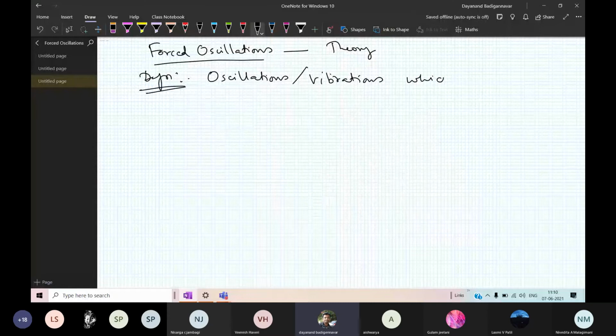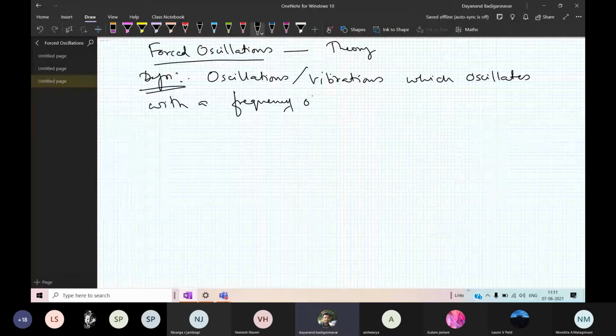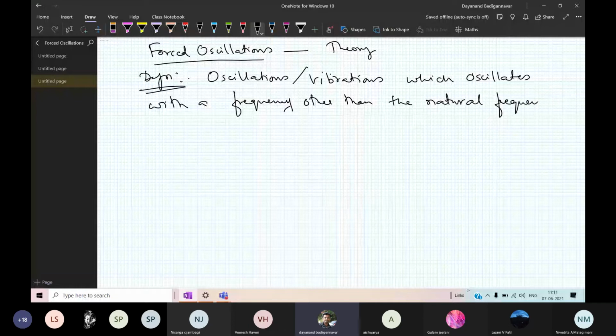Which vibrate or oscillate with a frequency, very important, with a frequency other than the natural frequency, under the influence of applied force.